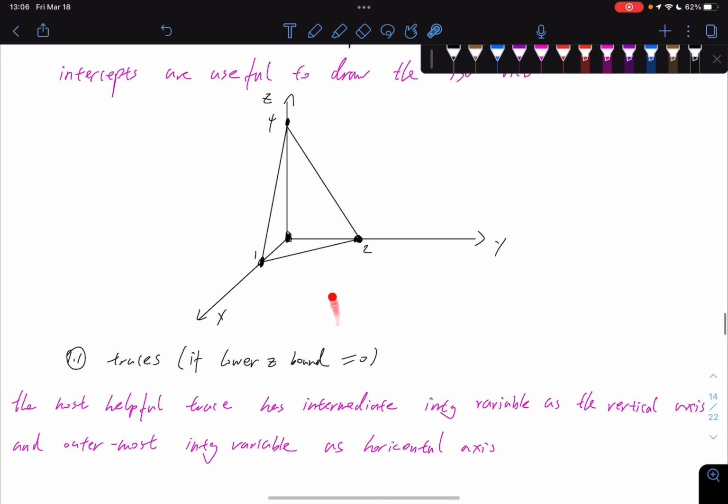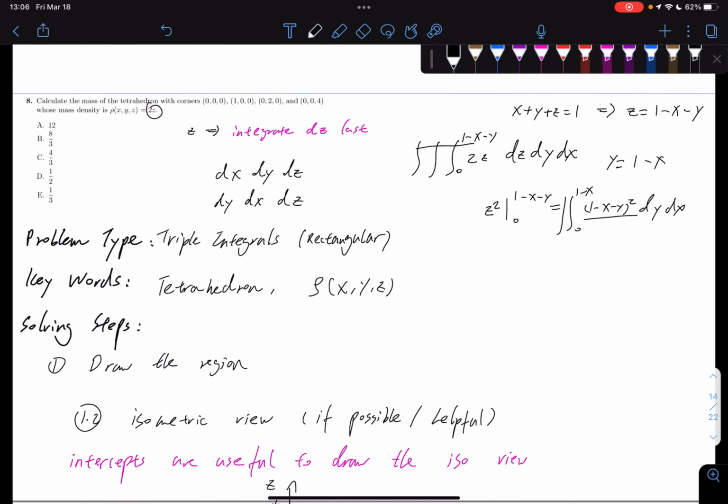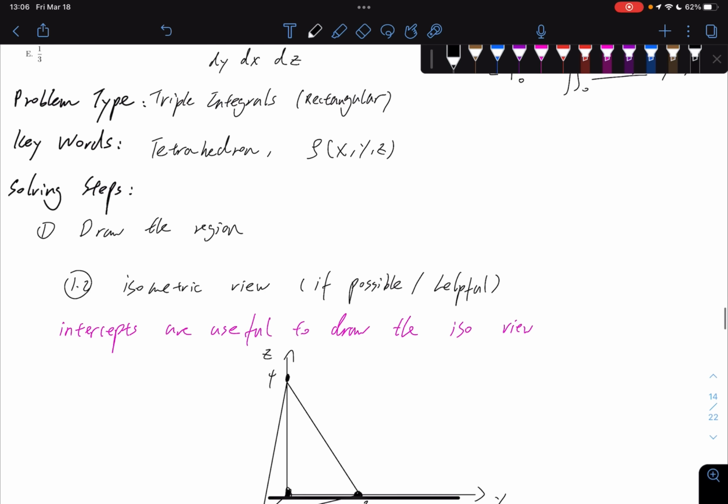Instead of looking down like that, it gets a little bit confusing to me. I would rather just look directly at it. So the key is, do not integrate dz until the very last integral. With that said, let's proceed.